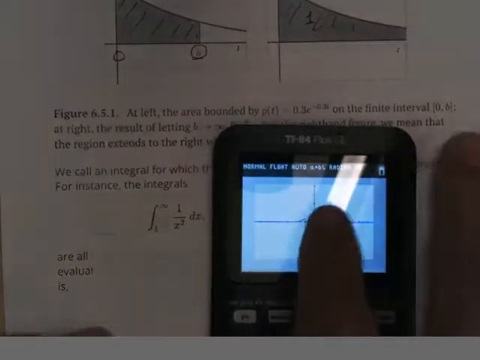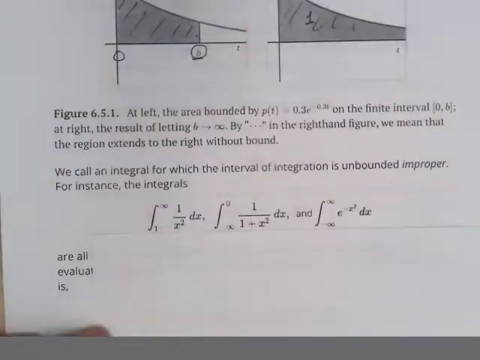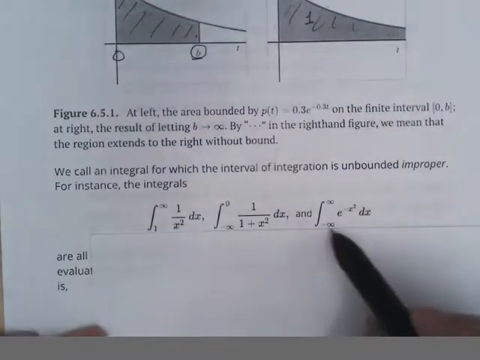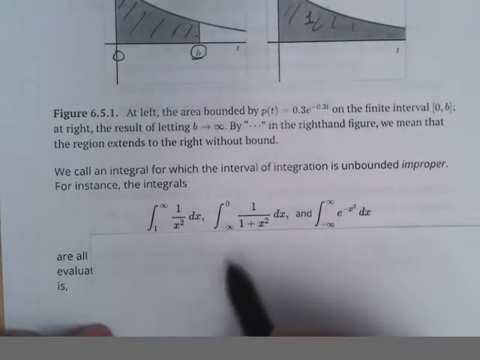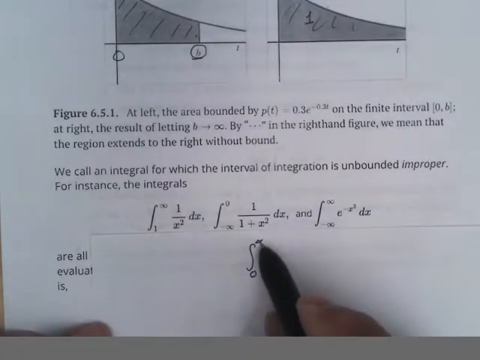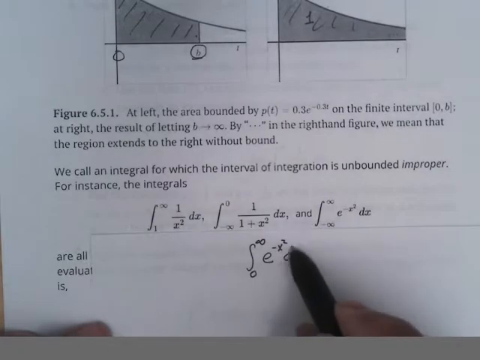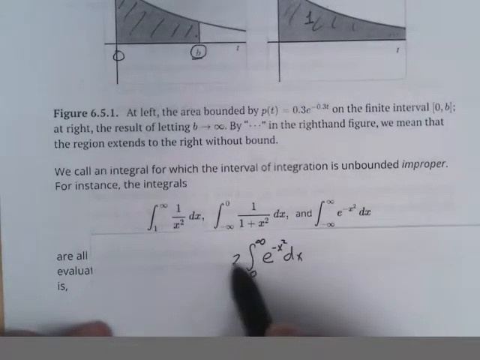Well, it looks like it goes to 0, and it looks like it's very symmetric. Because of the symmetry, we can do this with one interval. We can say it's whatever it is from 0 to infinity of e to the negative x squared dx, and just double it.